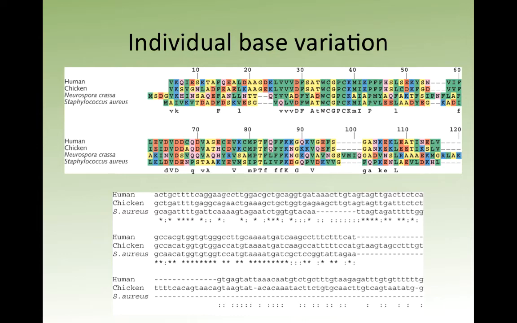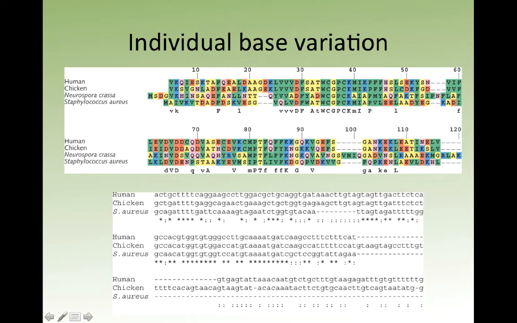If we also look at the DNA sequence that underlies these proteins, every time it has a star, this is an identical sequence. Every time it has a colon, this means that you have the same two bases in the vertebrate taxa. And every time there's a space, that means there is not a shared sequence between the two vertebrate species.